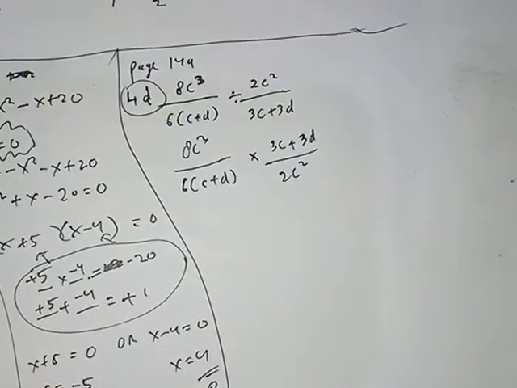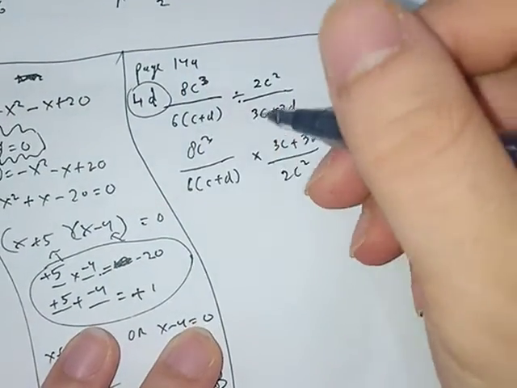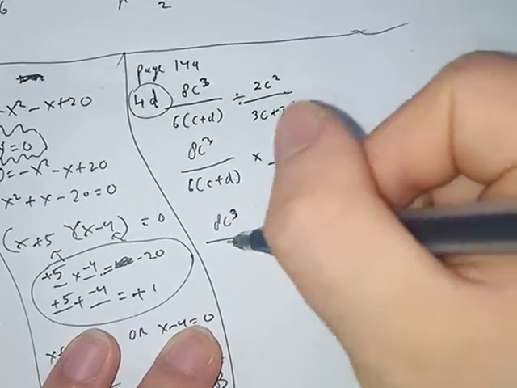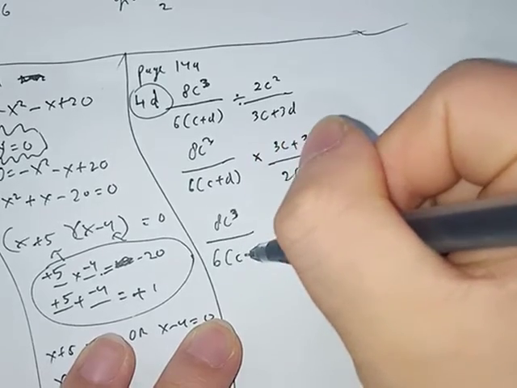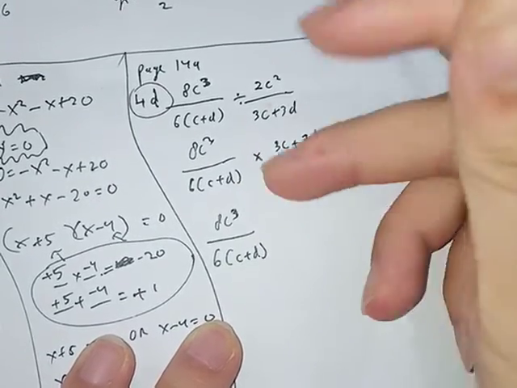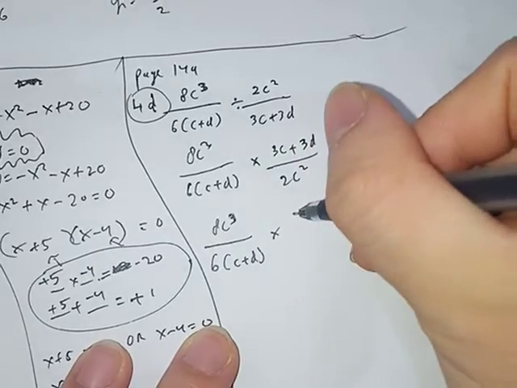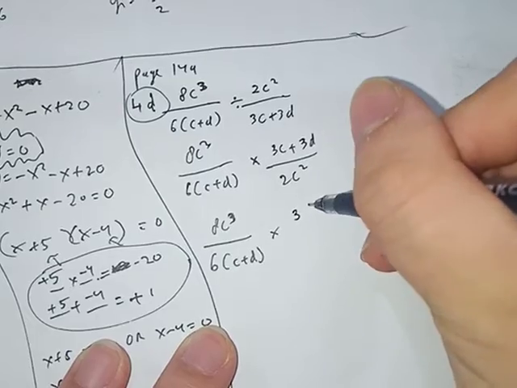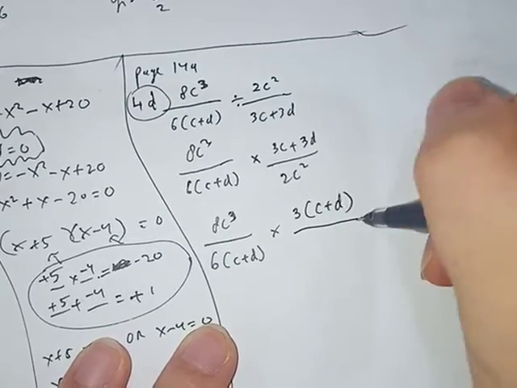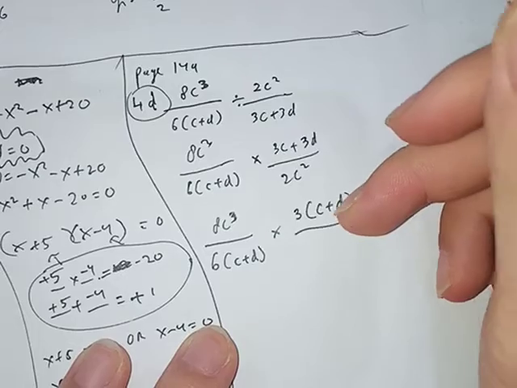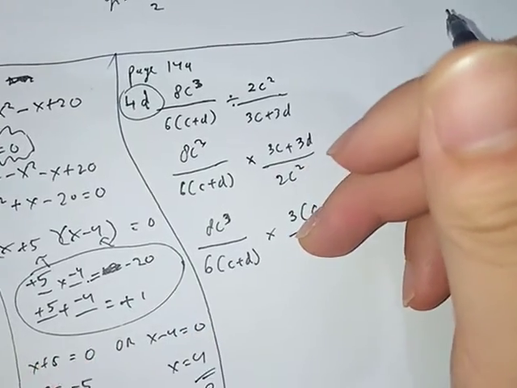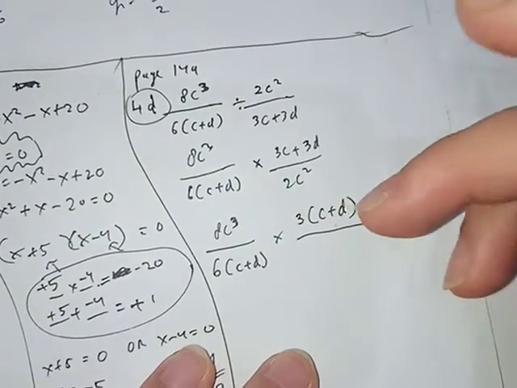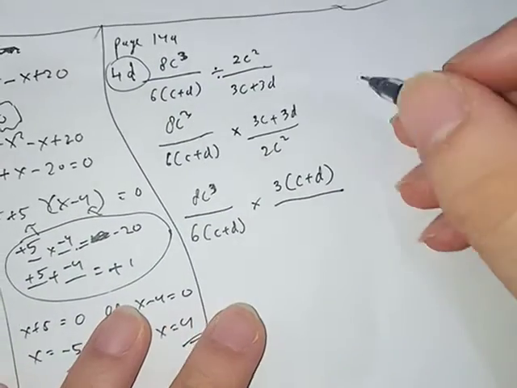After that, you have to find a way to simplify this. We can cancel out things between top and bottom. This 3C and 3D, because I saw C plus D here, so your brain should automatically connect here. You have to automatically know that you need to pull out the 3, so it becomes 3 times, open bracket C plus D, close bracket.